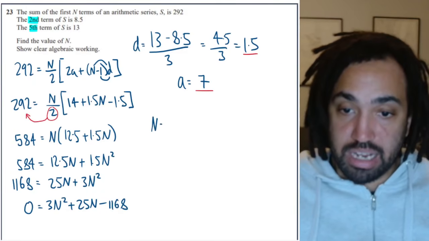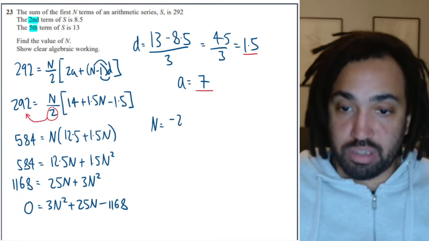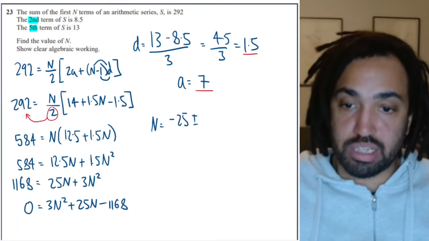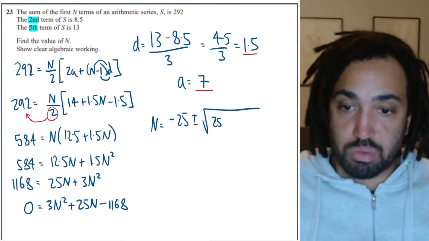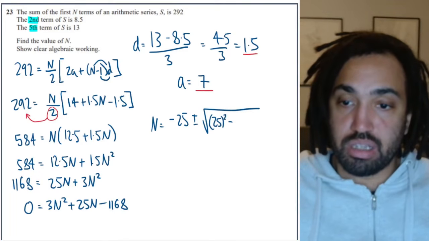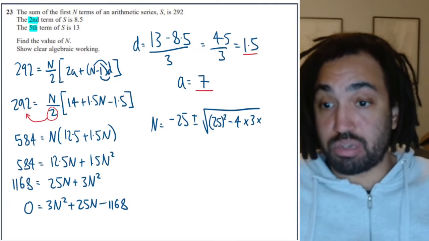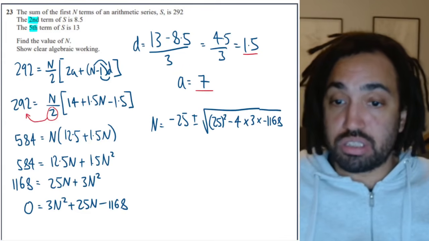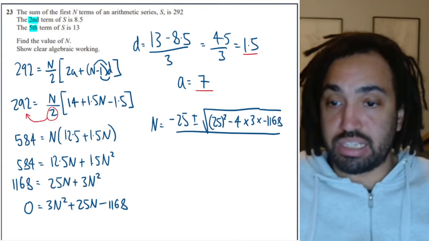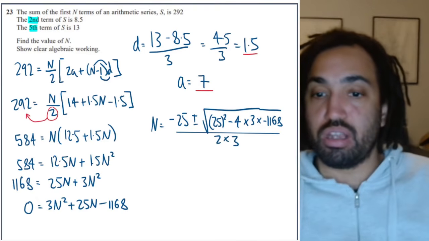So we can write n equals minus b, which is 25, plus or minus the square root of 25 squared, b squared, minus 4 multiplied by a, which is 3, multiplied by minus 1168, and that is all over 2a, so that's all over 2 times by 3.